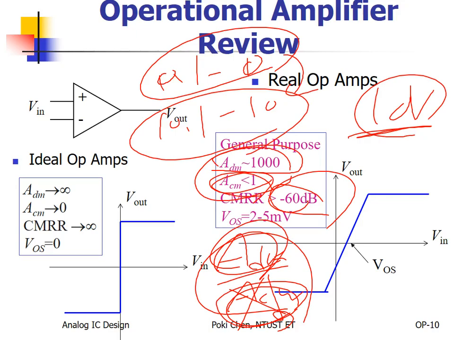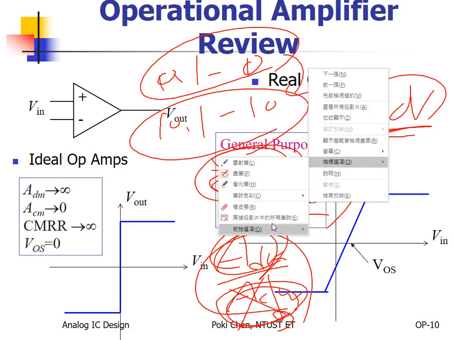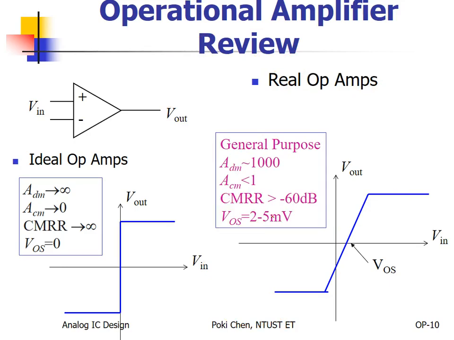The final issue, but the most important issue is this: VOS, input offset voltage. Because we hope if they are exactly the same, you apply the same voltage to your positive and your negative input, you get 0 for your output, right? That is only in theory.